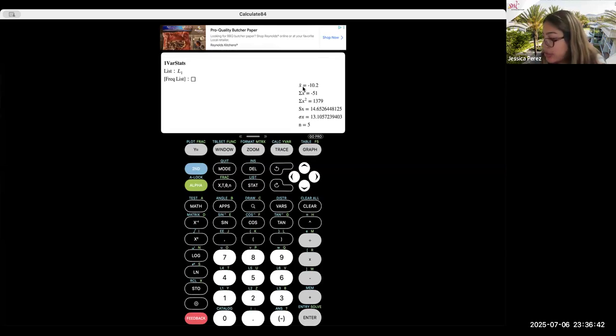The standard deviation, which is sd, is going to be 14.65. So let's write that down. And then once we have that information, let's go back to our values over here.